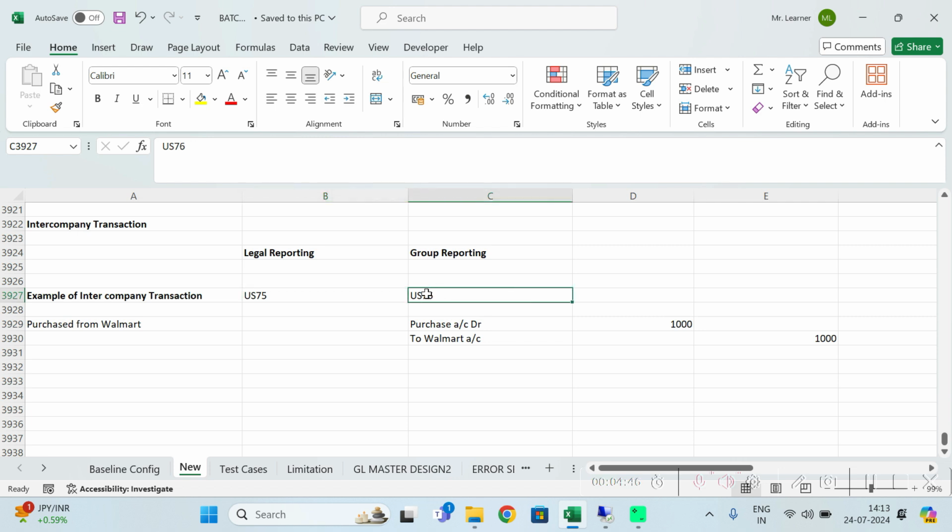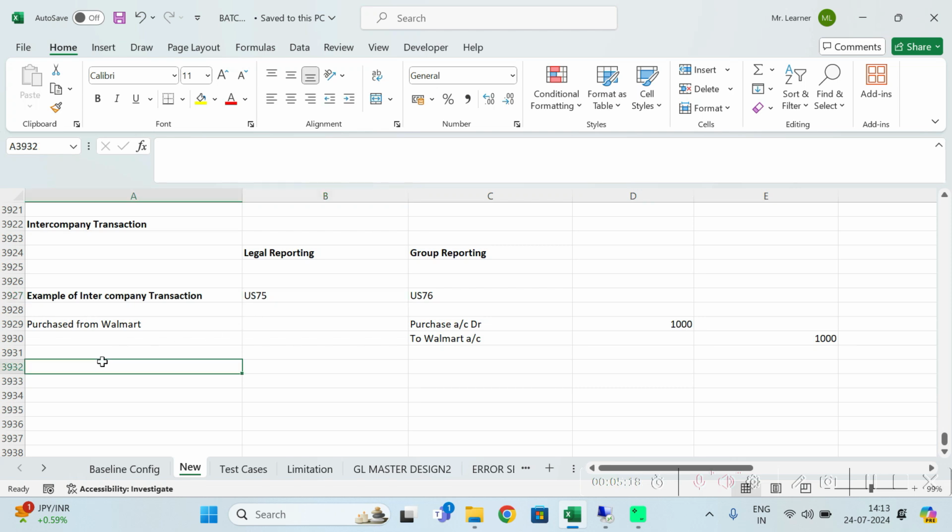US 76 is requesting US 75, please make the payment to Walmart vendor on behalf of US 76, because US 76 doesn't have the money. Or let's say all individual company codes are purchasing but payment only happens from US 75. That may also be the case. Payment happens from a single company code but all individual companies can purchase the materials. But payment happens from US 75.